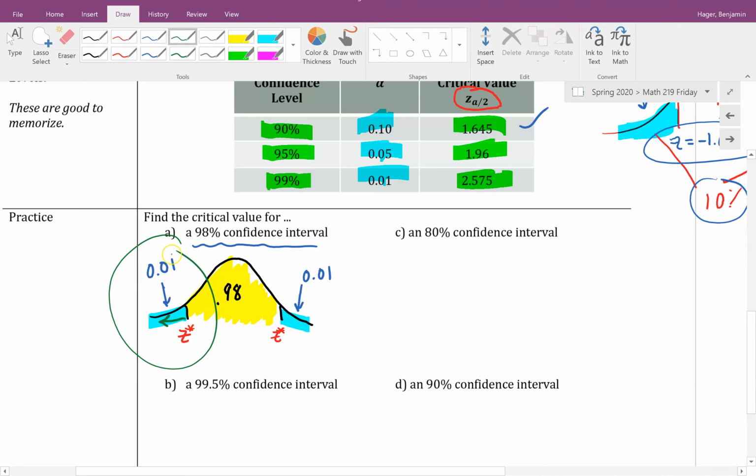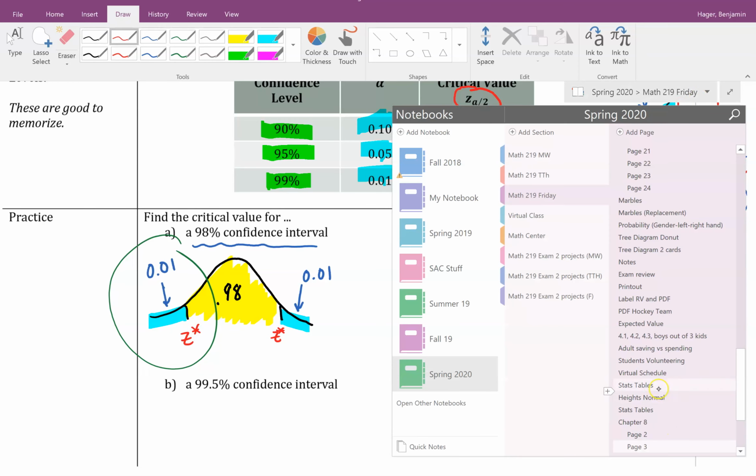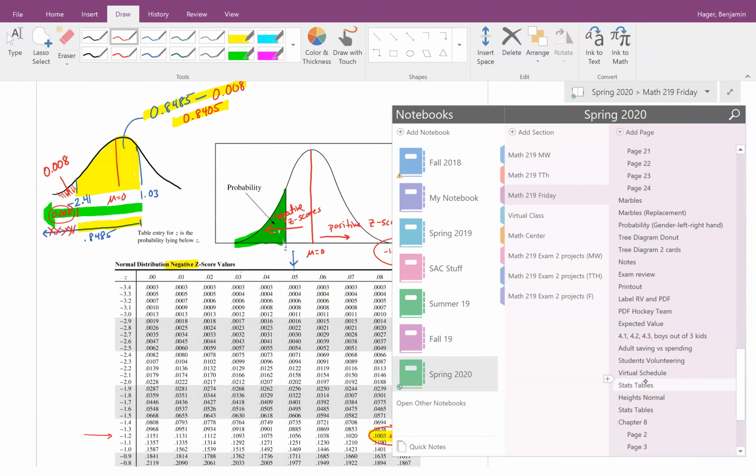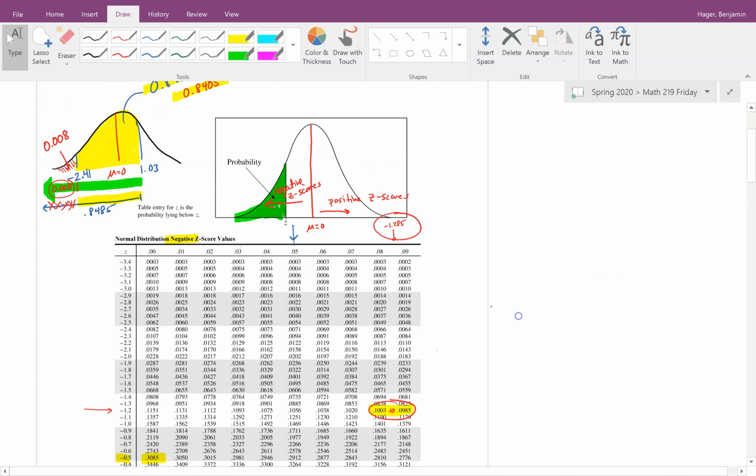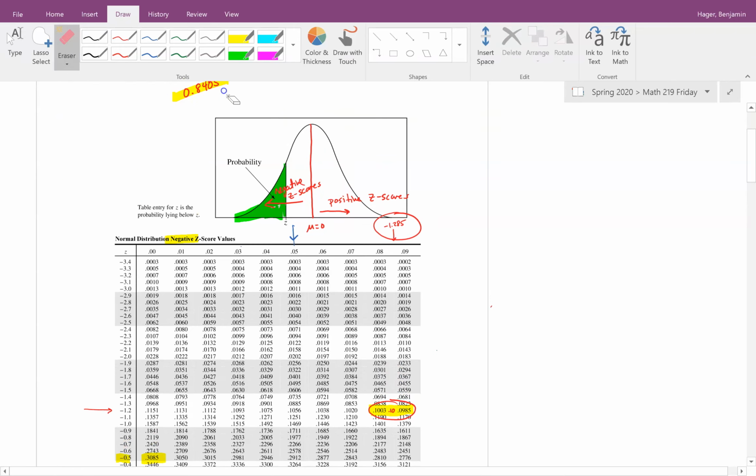The difference here is I know the area, and I'm trying to find the z-score. So let me go to my z-table. Let me clear this out.